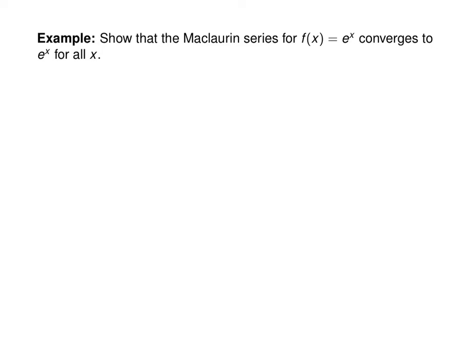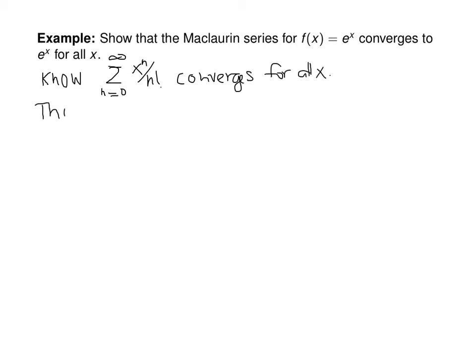So suppose we have, first of all, we know that the series n equals 0 to infinity x to the n over n factorial converges for all x, and this tells us that the limit as n goes to infinity of x to the n over n factorial is equal to 0 for all x. Remember that if a series converged, the limit of its terms had to be 0.